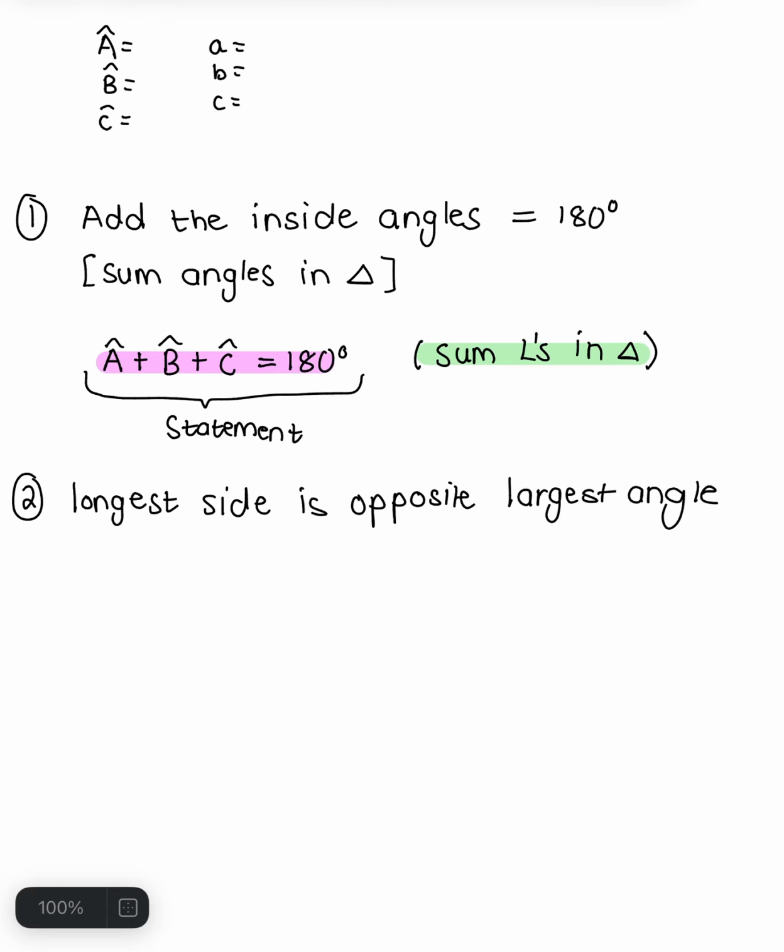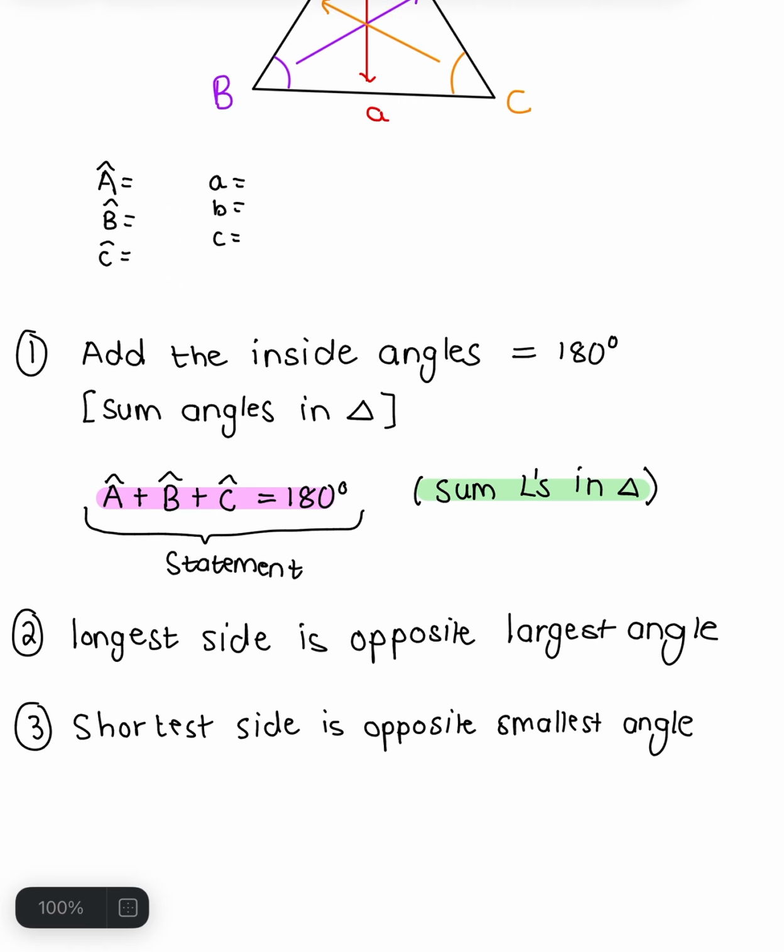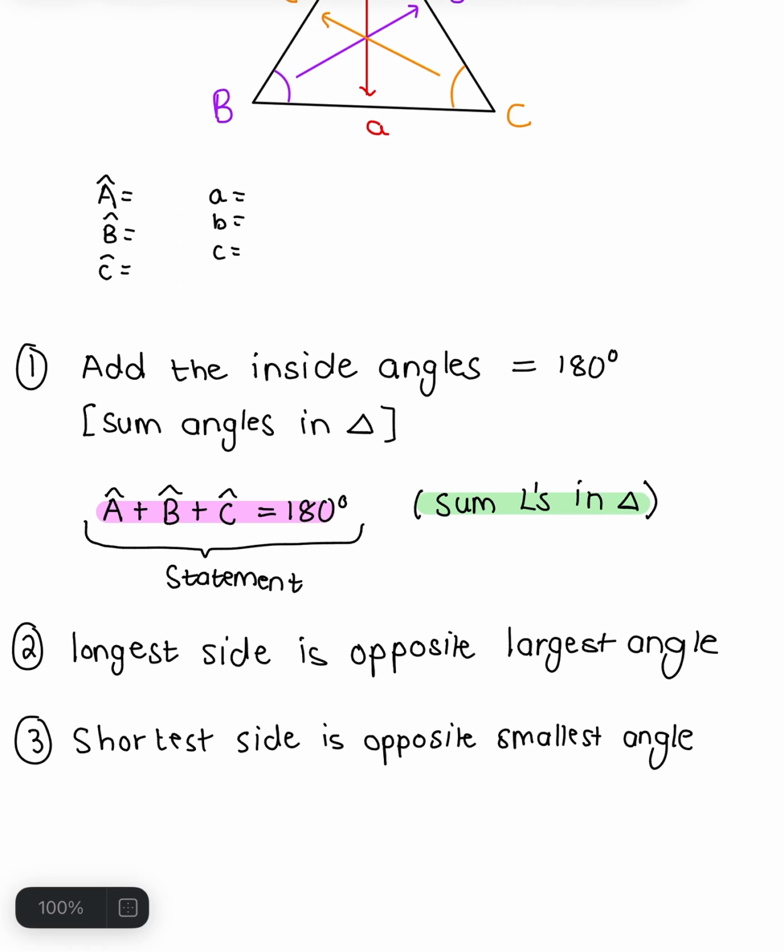And then the third property that we need to remember, all right, is that the opposite of this is that the shortest side would be opposite the smallest angle. All right, and so this is true for all triangles. These three properties would be true for all triangles.